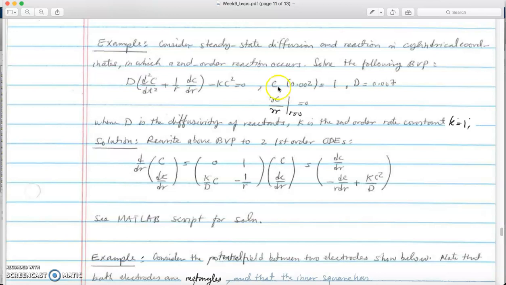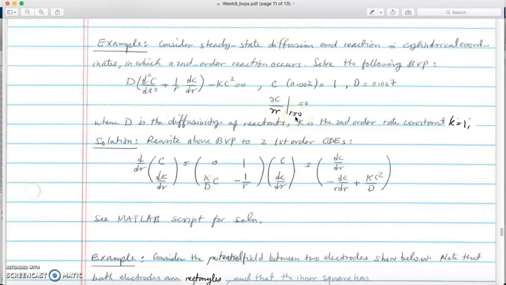boundary values: the concentration at the periphery, or at the surface of the cylinder, is 1. The radius of the cylinder is 0.002. Diffusivity is 0.007. Because of the symmetry, we know that the derivative of the concentration, which is the flux, is 0 at r equals 0.